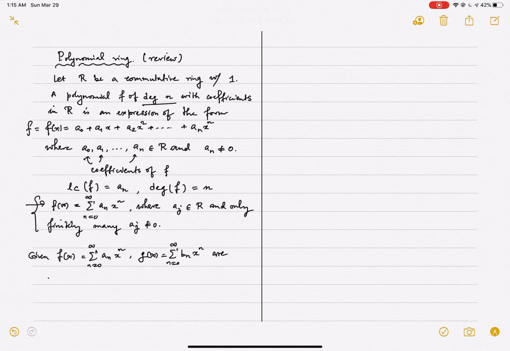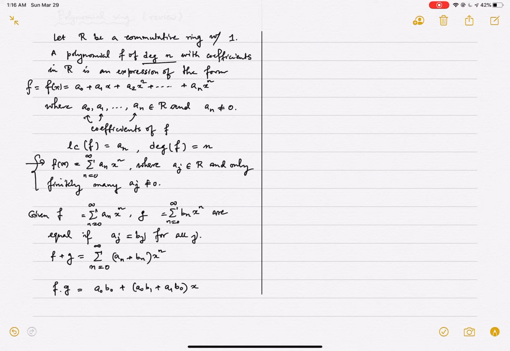So just add coefficients, that's simple enough. And when you multiply, that's a little more sophisticated. You get a0 b0, and then (a0 b1 plus a1 b0) x, plus (a0 b2 plus a1 b1 plus a2 b0) x squared, plus etc.